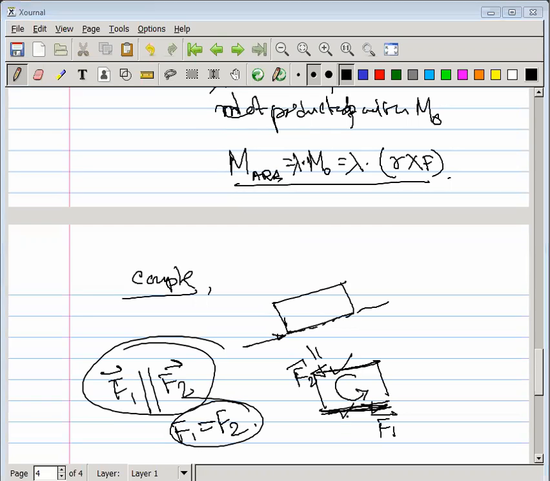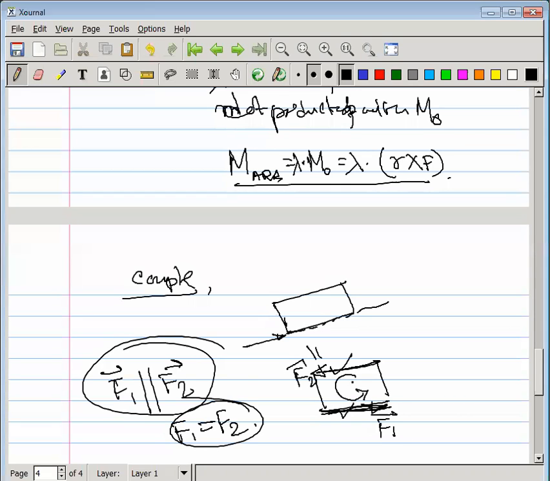Now the case is, which is the direction of that couple? So we have to apply the right hand thumb rule. Here you can see the thumb is in the upward direction. If all other four fingers move along the anti-clockwise direction, then it is up.